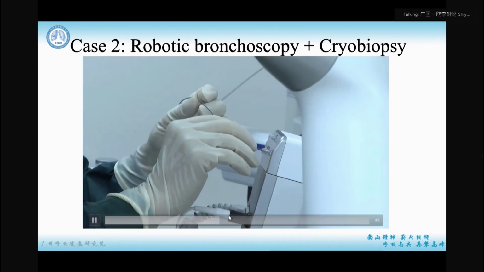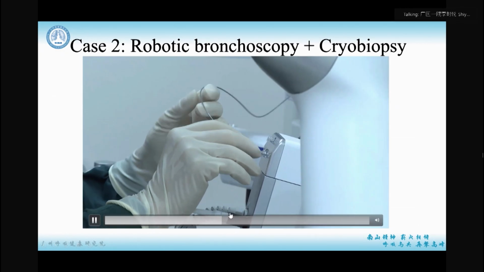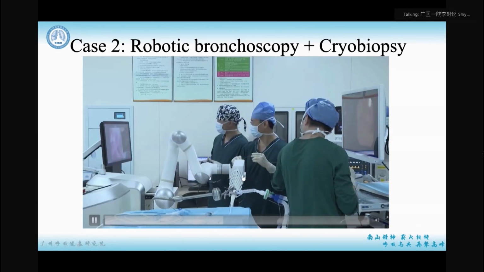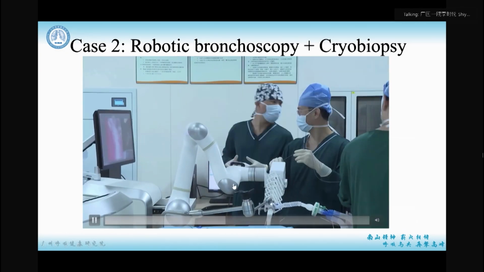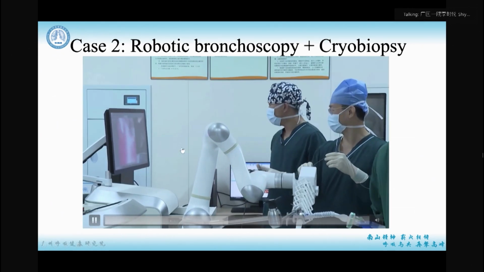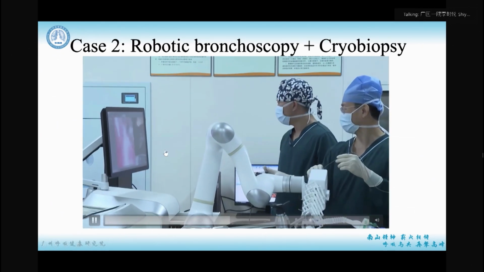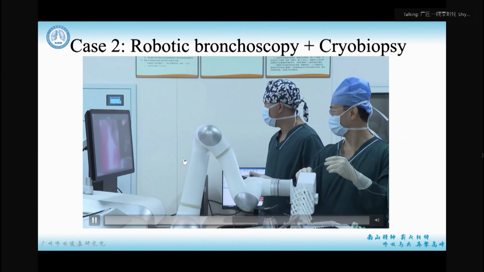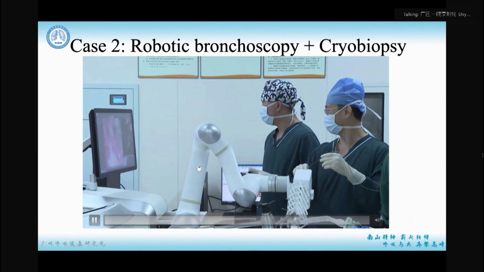After we get to the nodule, we use ultrasound to make sure of the place of the lesion.